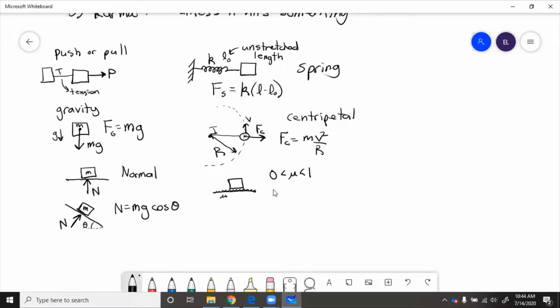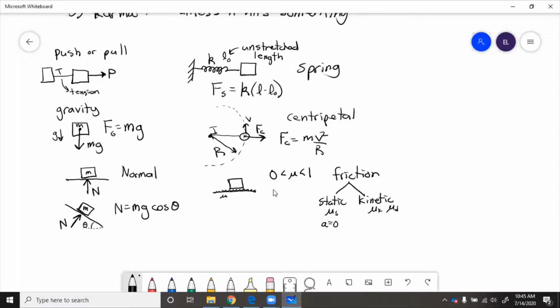There are also two types of friction: static and kinetic. Sometimes kinetic is also referred to as dynamic. So we'll have mu s, mu k, or in some cases you might see it written as mu d for dynamic. For static friction, the object is not moving, so acceleration equals 0, and generally velocity is 0.